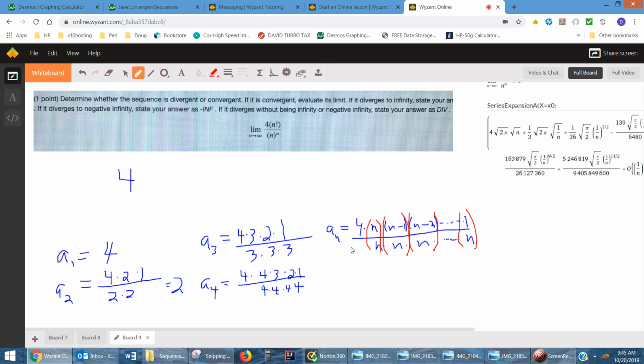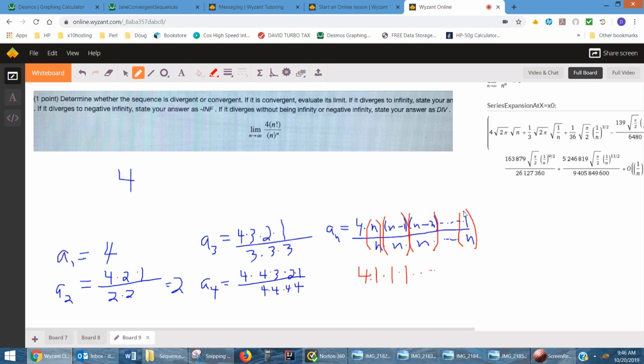I could break it apart into the product of the limits of a whole bunch of different fractions. For example, the limit as n approaches infinity of n over n is 1. And the limit of n minus 1 over n is 1. And the limit of n minus 2 over n is 1.